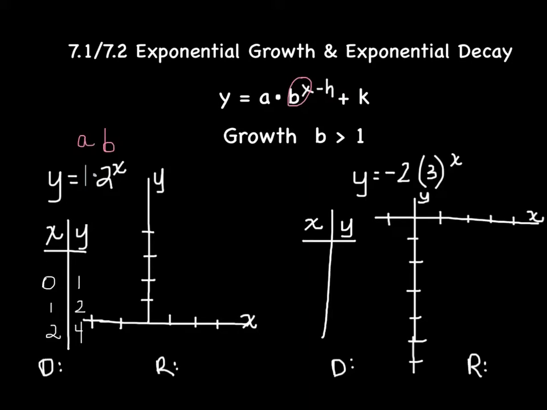Let's plug in negative 1. Remember, 2 to the negative 1 would be 1 over 2 to the positive 1, so 1 times 1/2. Let's go ahead and plot those points. So negative 1, 1/2, 0, 1, 1, 2, and 2, 4.